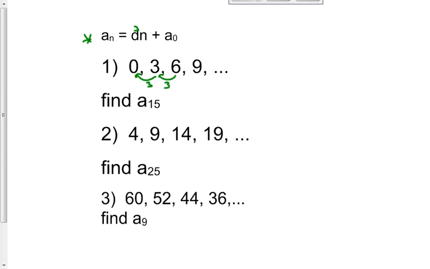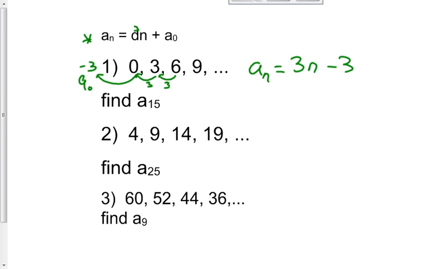So we'll have a sub n is equal to 3n plus, but now I have to go backwards. If I follow this same pattern, but instead of going up 3 every time, go backwards 3, this is actually going to change to a negative sign. This will be a negative 3 if I go backwards. So it starts at negative 3. That's my a sub 0 term.